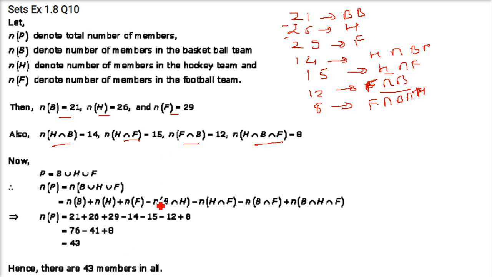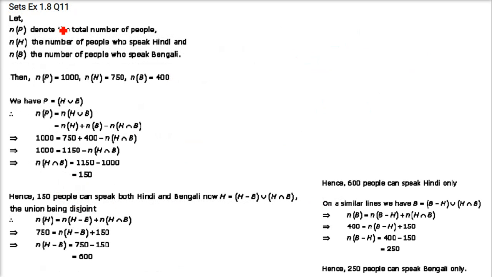We have to find how many members there are in all, so we simply find NP, the total number of people. That will be NB plus NH plus NF minus N of B intersection H, minus N of H intersection F, minus N of B intersection F, plus N of B intersection H intersection F. Basically we have to find B union H union F, and when you compute this, it comes to 43.